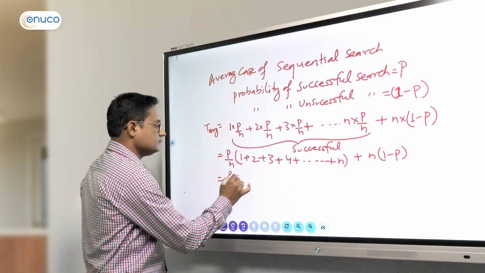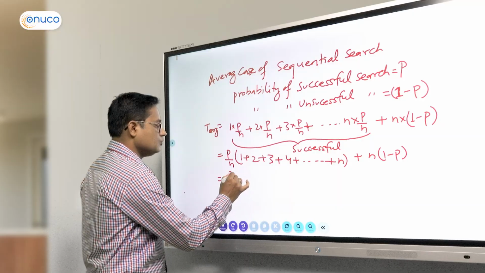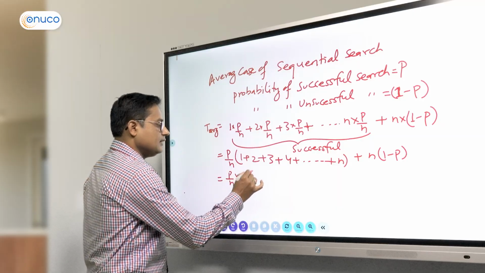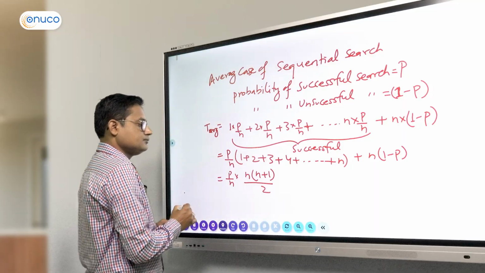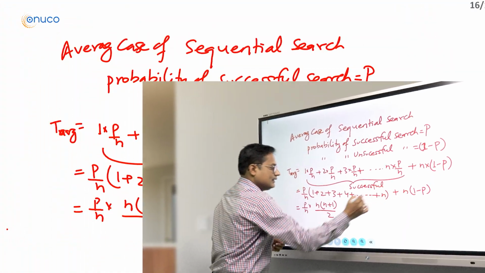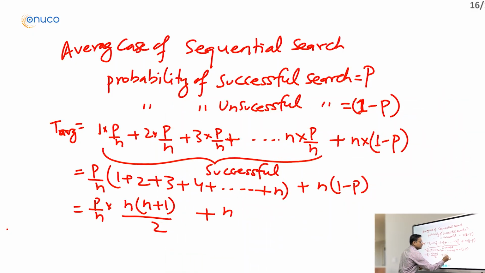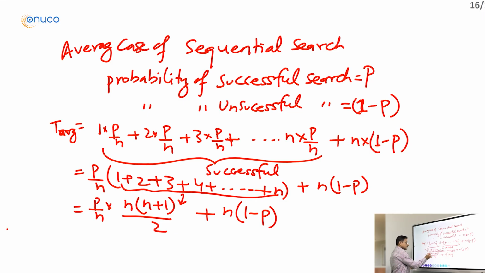P divided by n, into n plus 1 divided by 2. And on the right hand side we have n into 1 minus p. So this part we have solved and wrote here. This n and this n got cancelled.